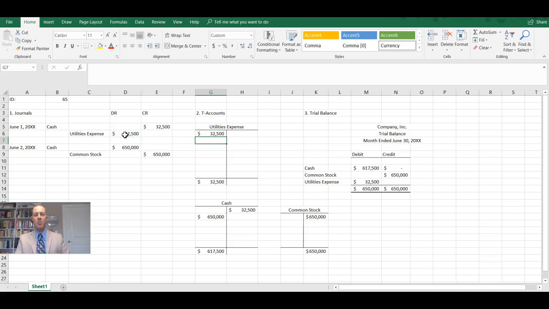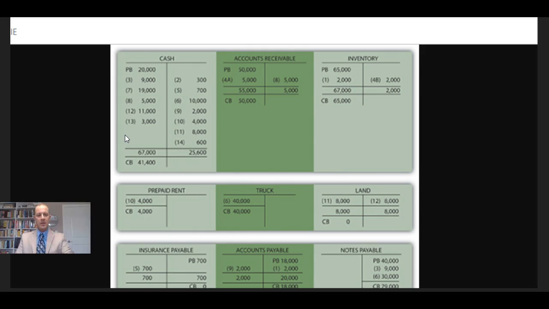One thing I think most of you remembered, but maybe a few of you forgot, and it can be tricky or it can mess everything up if you don't remember to do so. Look at this right here. The first thing we have to do on the T account, before we start entering the current activity from your more recent journal entries, is to make sure that the previous balance is entered into there. See, on this cash account right here, we have a PB, or a previous balance, of $20,000.